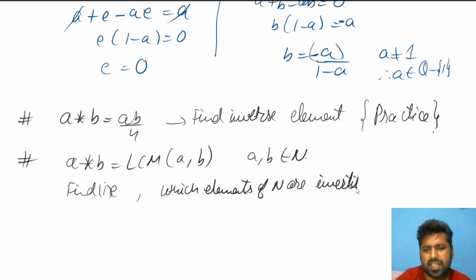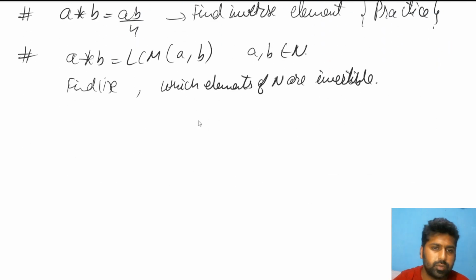If it is saying which elements of N are invertible, that means the whole set of values of a is not invertible. There are certain values for which it will be non-invertible. Invertible means inverse, so don't get confused with this word.